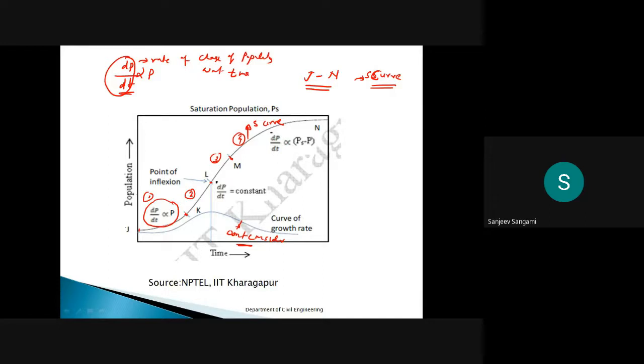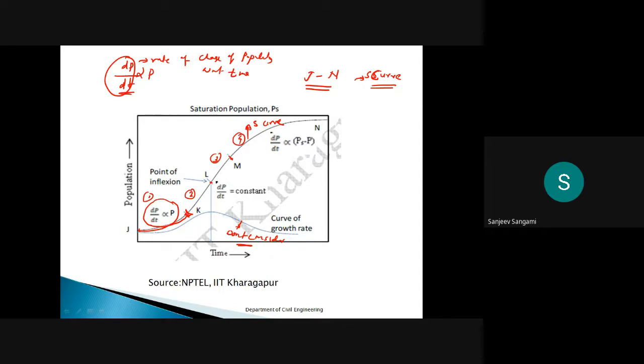Then you can see the curve is growing like this, slowly growing up to here. The population is increasing as time progresses.